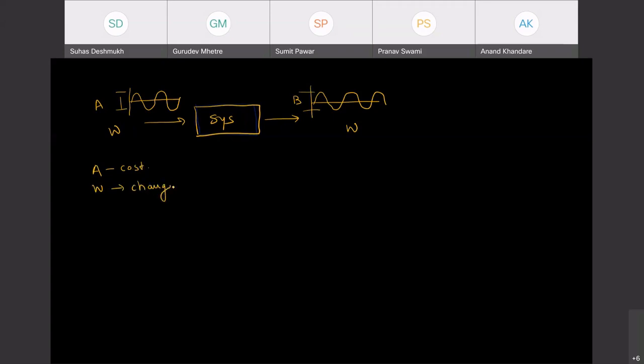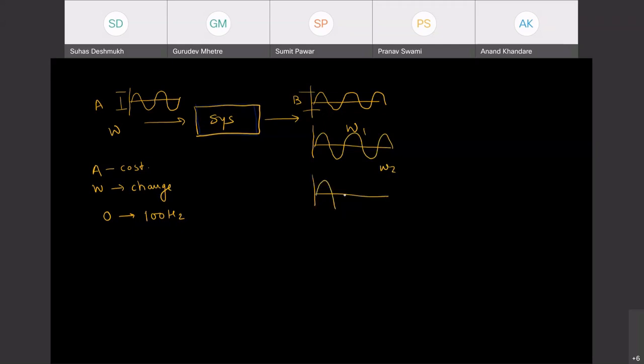Change means I'm going to vary this omega from 0 to maybe 100 hertz or something, okay. What happens? This amplitude is B; the relation between A and B I need to establish. B is increasing somewhat like this. For omega 1 here, it is omega 2.